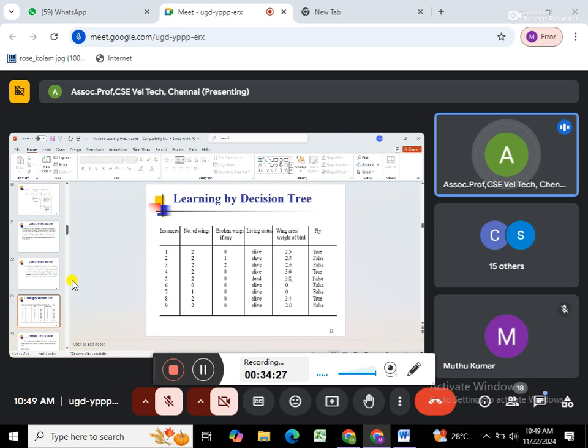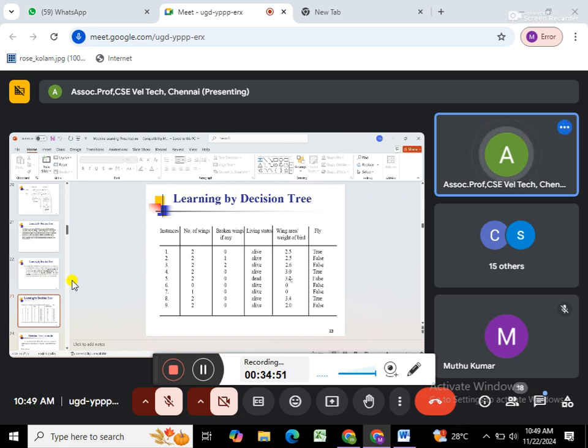In the first instance, say the bird has two wings and broken wings, if any. I have added one more parameter, broken wings, if any. In the first instance, the number of wings is 2, broken wings is 0. Now I conclude that the living status of that bird is alive. It is alive only, not dead.